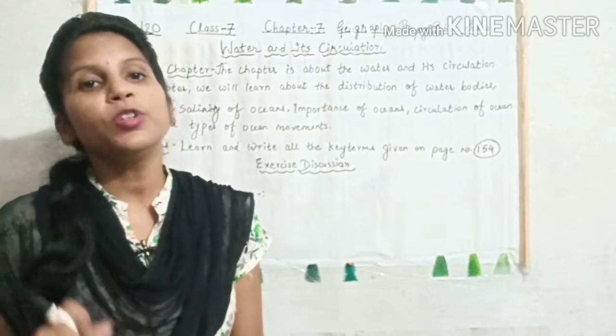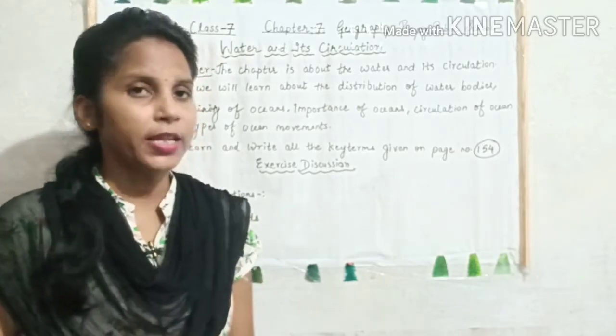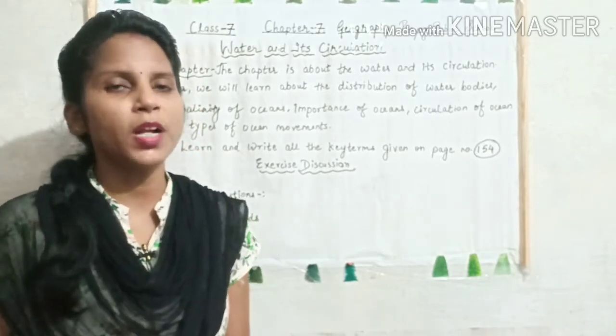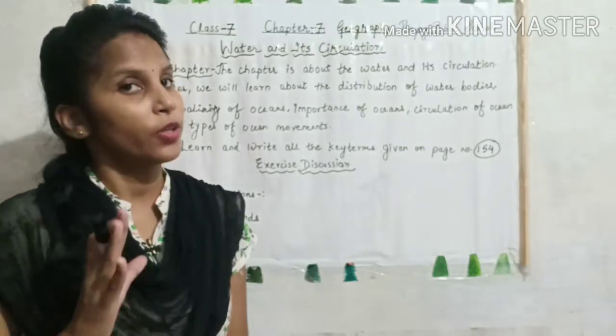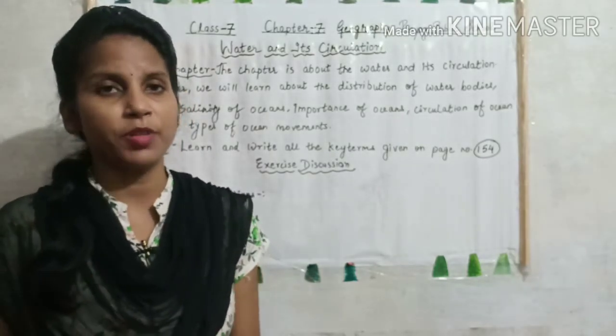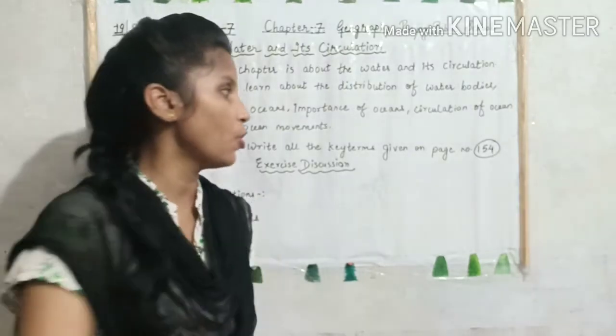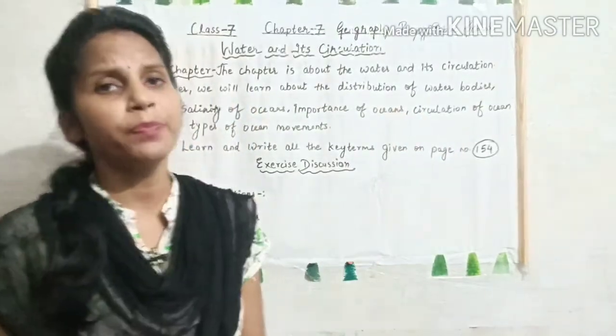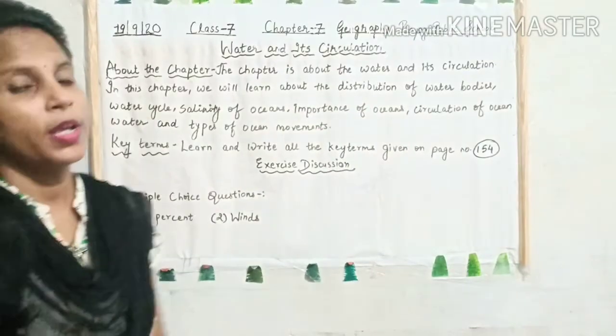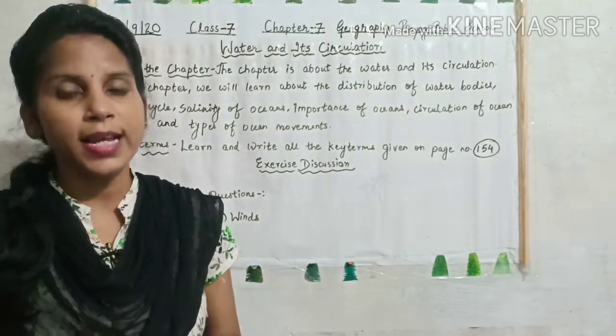You have to learn and write them in very neat and clean handwriting, because unless the key terms are clear to you, you won't be able to understand the chapter. So write as well as learn the key terms given on page number 154.